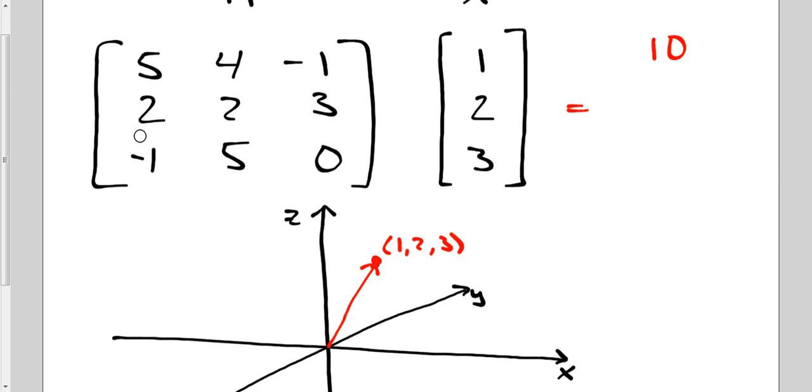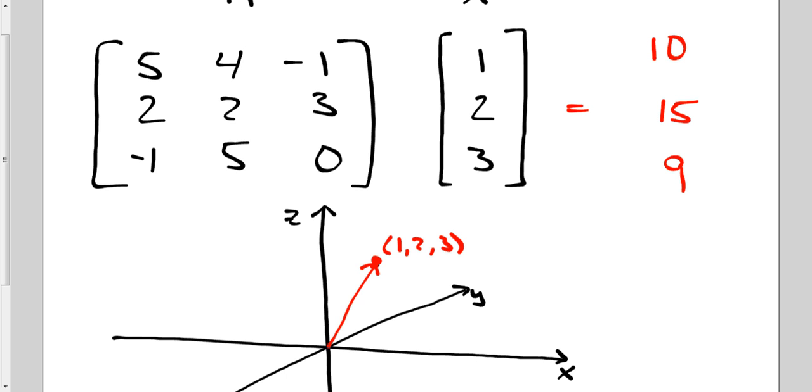Again, 1 times 2, plus 2 times 2, plus 3 times 3. 2 plus 4 is 6, plus 9 is 15, yeah. Okay? Lastly, 1 times -1, plus 2 times 5. 10 minus 1 equals 9, plus 3 times 0. 9. So then it's 9.